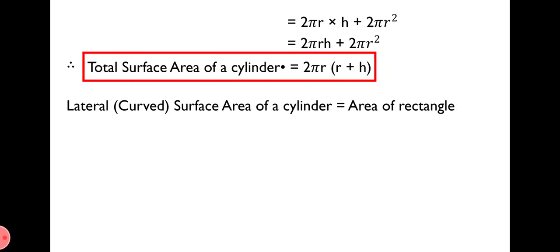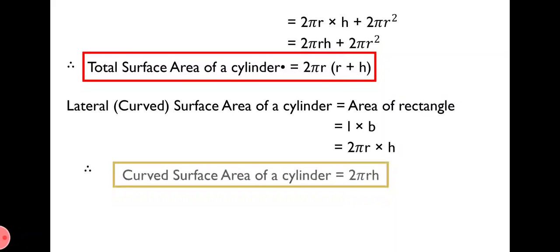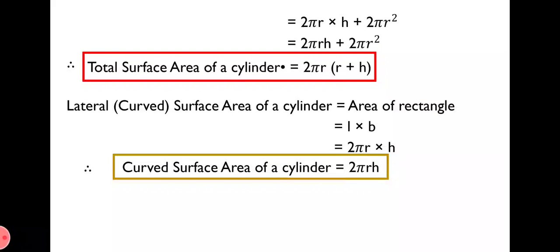For a cylinder we use the word curved surface area. Therefore, curved surface area of a cylinder equals area of rectangle, that is length into breadth, which is 2 pi r into h, that is 2 pi r h. Therefore, curved surface area of a cylinder equals 2 pi r h.